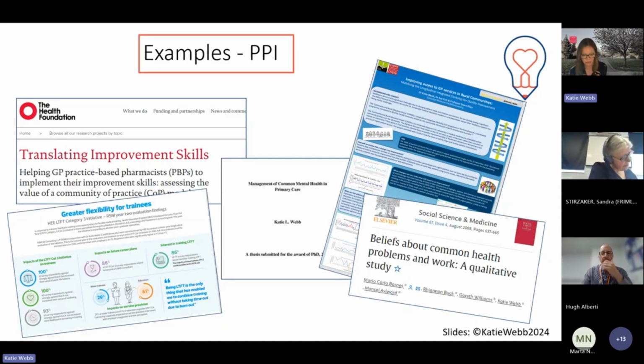So we had an advisory board, with lay persons, members of the public who are themselves patients. There were other practice-based pharmacists on the advisory board, as well as the chief pharmaceutical officer, academics, and the GP lead for Wales.